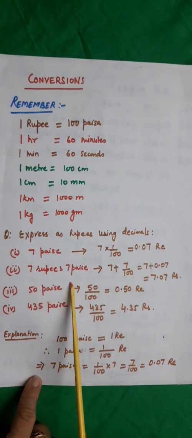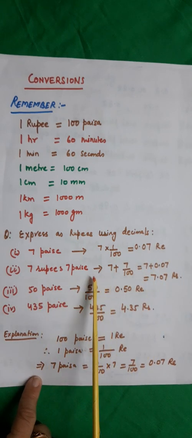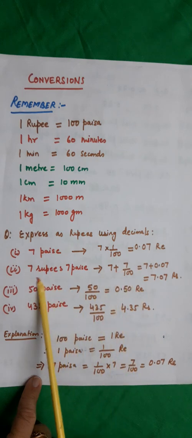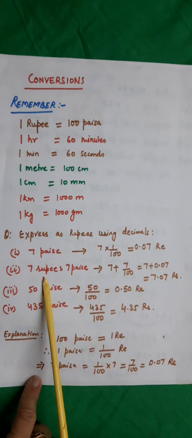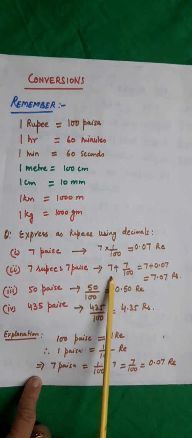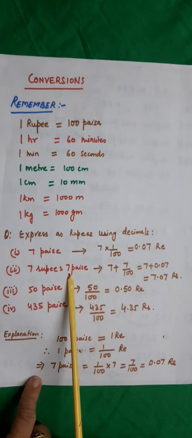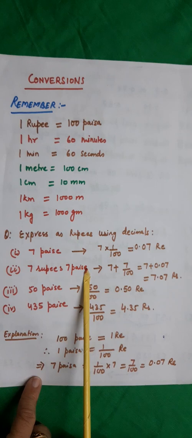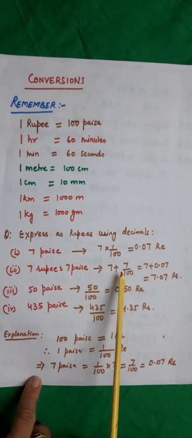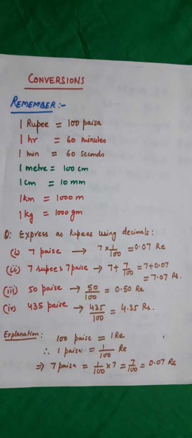Next is 7 rupees 7 paisa to be converted to rupees. Now 7 rupees 7 paisa means 7 plus 7. So the first one is in rupees but the other one is in paisa. So I need to convert it into rupees. For that I will divide it by 100.